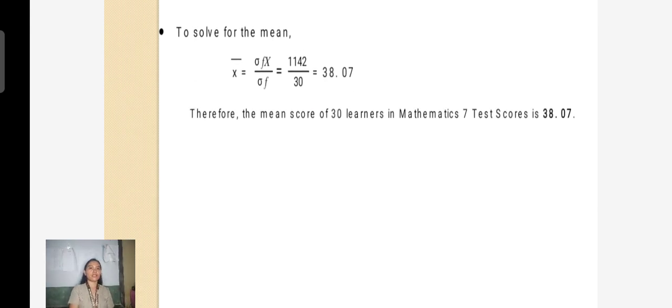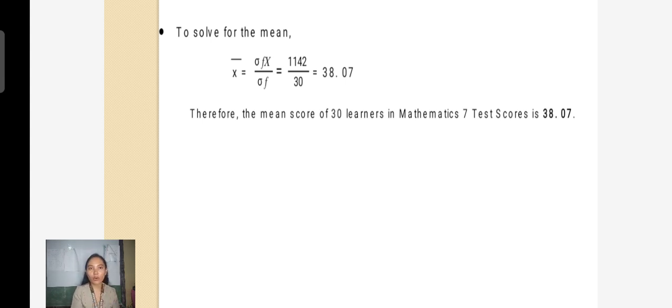Okay, so we can now solve for the mean using the formula. X bar is equal to the summation of fx over the summation of f. Again, the formula changed, but please look at your self-learning module. So, that is equal to 1,142 divided by 30, which is 38.07.